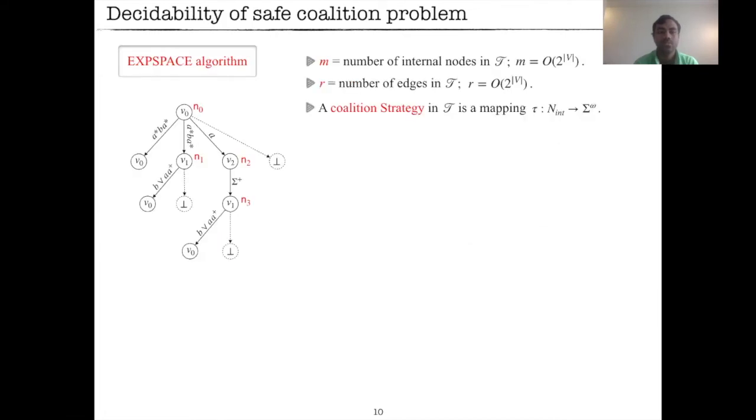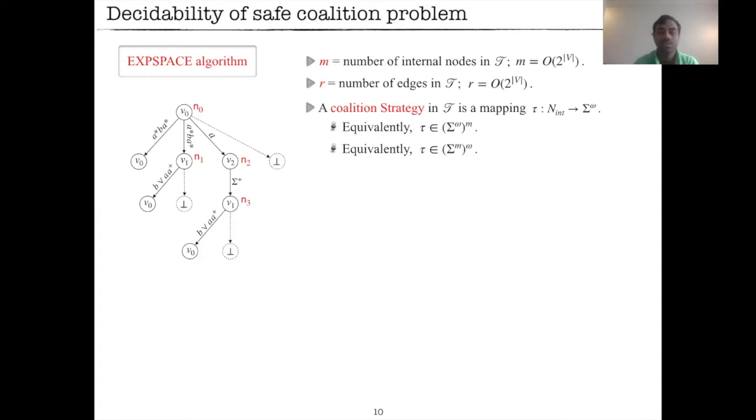So here we give an EXPSPACE algorithm for the safe coalition problem. Suppose M is the number of internal nodes in the tree unfolding and R is the number of edges in the tree unfolding. Recall that a coalition strategy in the tree is nothing but a mapping from internal nodes to sigma power omega. Equivalently, it can be written as an M-tuple of omega words.